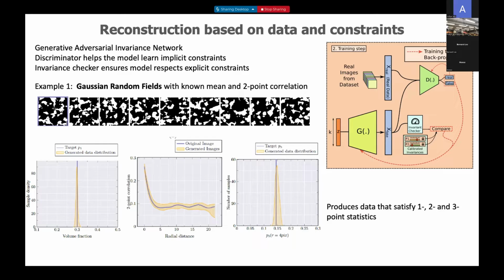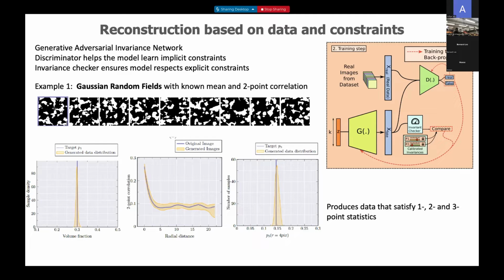Yes. That is the last problem I have talked about. I am really deep in that. Here, the only thing I care about is, can I construct a two-phase microstructure that satisfies simpler constraints, not that Baskar constraint that I alluded to. Here, all I want is, can it satisfy a certain 1-point, 2-point, and 3-point statistics?